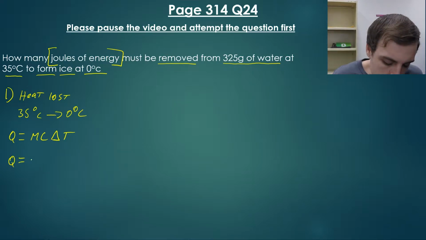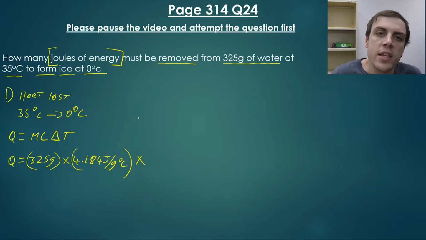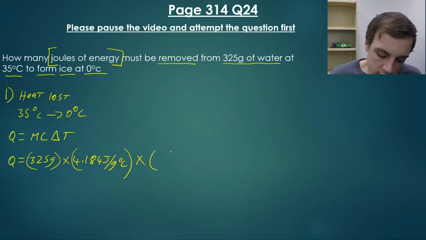It is equal to the mass, which is 325 grams, times the specific heat, which is 4.184 joules per gram degrees Celsius, multiplied by the change in temperature. The change in temperature is going from 35 degrees to 0 degrees, so we do 0 minus 35 degrees Celsius.